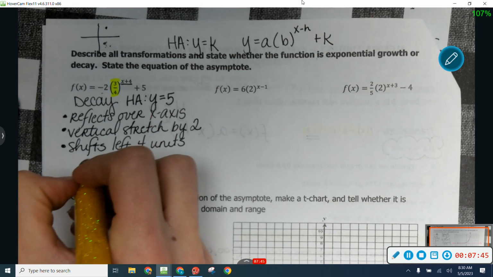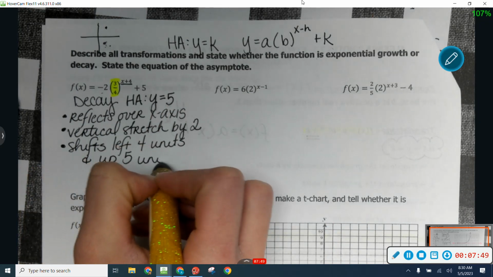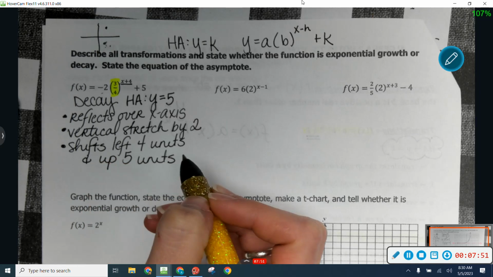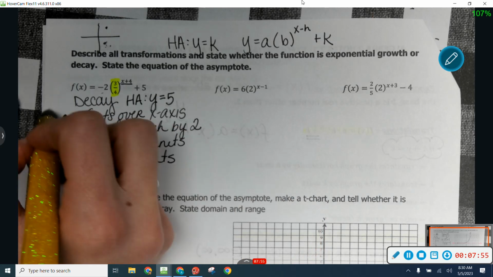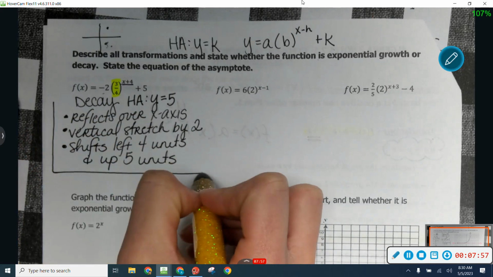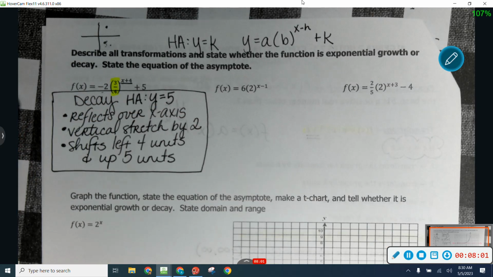And then the plus 5 tells me it's shifting up 5 units. Okay, are we good with that?